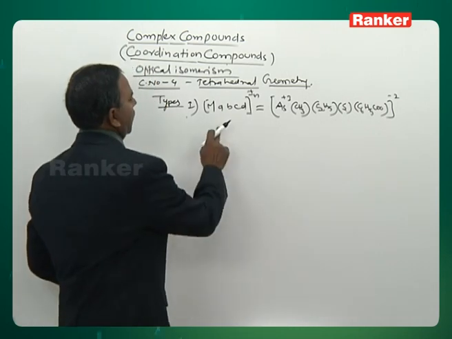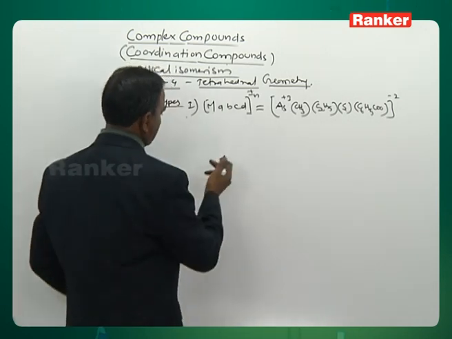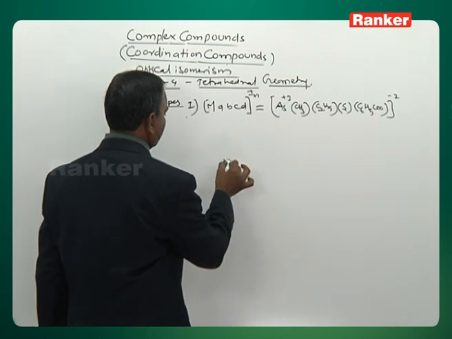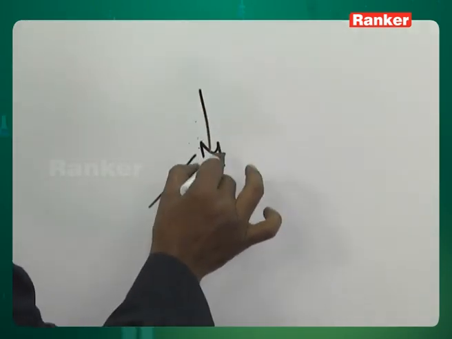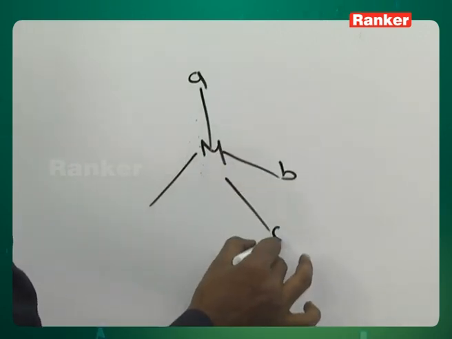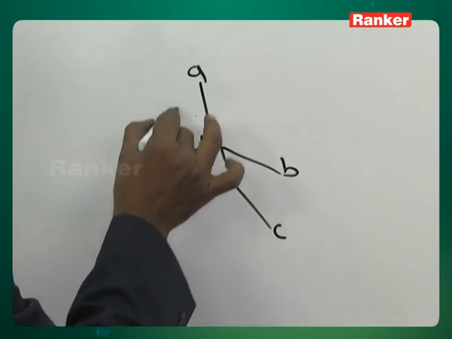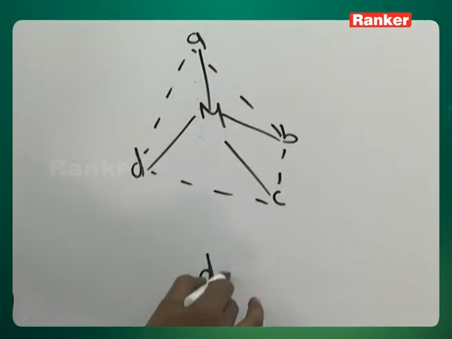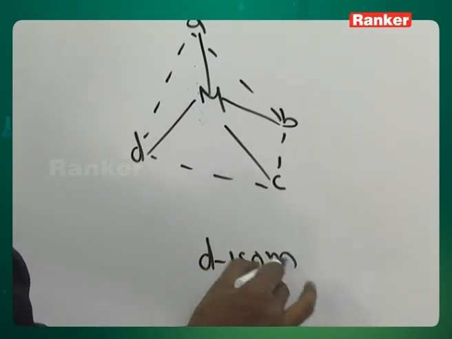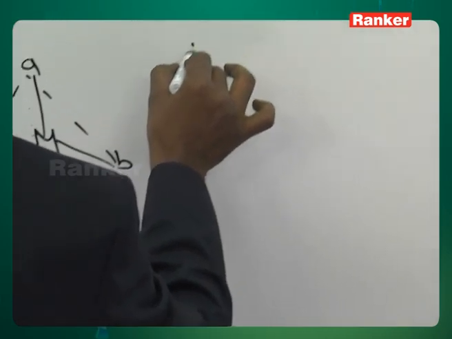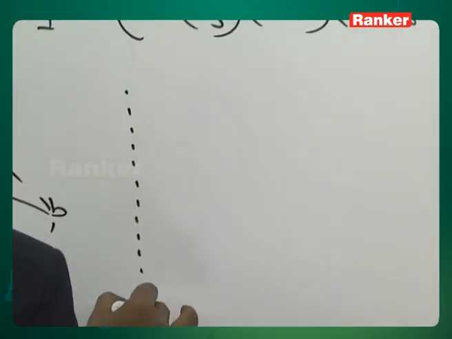Now, for this complex, I will show the optical isomers. For the model only I am showing on the board. Let's take simply a tetrahedral geometry A, B, C, D. Take this as the D isomer. Put a mirror plane. This represents the mirror plane.